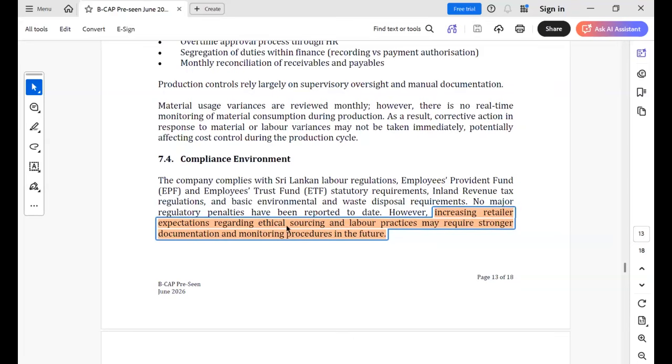Now, ethical sourcing means, remember now, you are importing fabric, right? So when you are importing, you must ensure that the fabric manufacturing company produces the fabric using some ethical standard. For example, they have not employed any child.